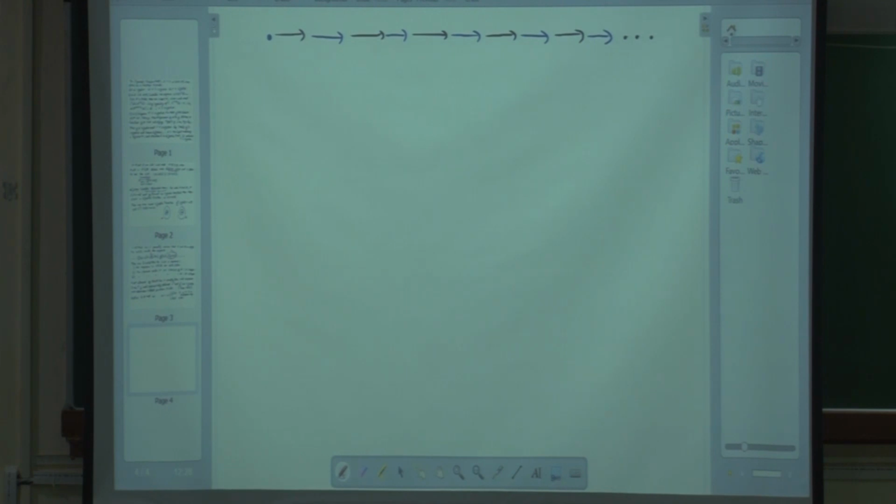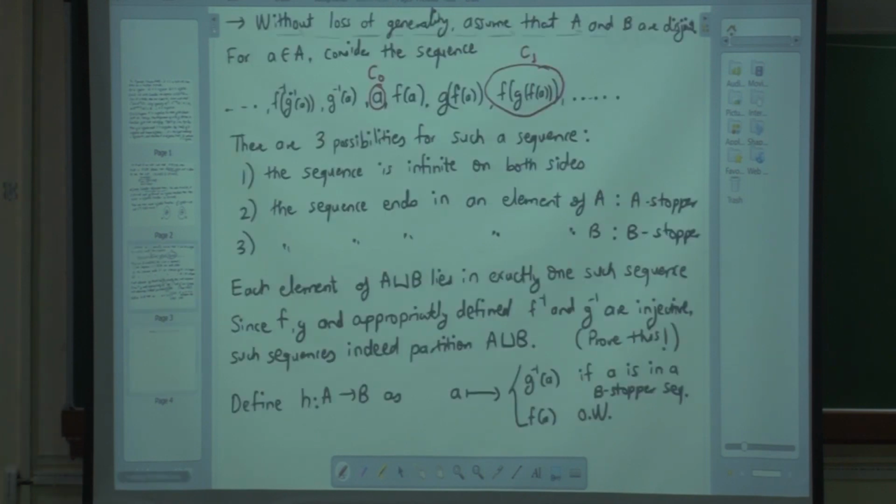If this sequence stops, then to establish a perfect bijection between the elements of this sequence, I must choose black color. Correct? Black color is a bijection. Blue color is not a bijection because it leaves out this particular element. And if it is two-sided infinite, then it doesn't matter what we choose. Black or blue, both of them are perfect bijections between elements of this sequence, which lie in A and B. So that's precisely what we have done.